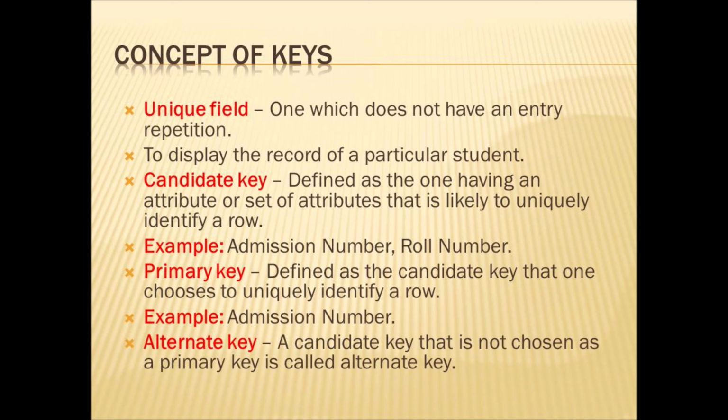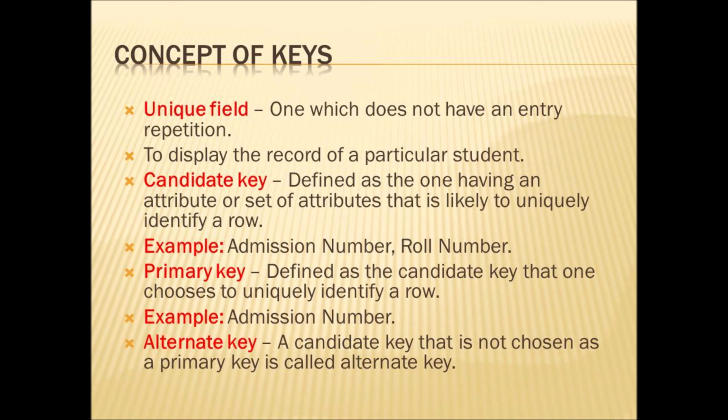Simply with the help of a candidate key, we can uniquely identify a record. For example, in a school, there may be many students having the roll number 27. Therefore, only admission number field will be unique for the whole school. So here admission number is a unique identifying key.